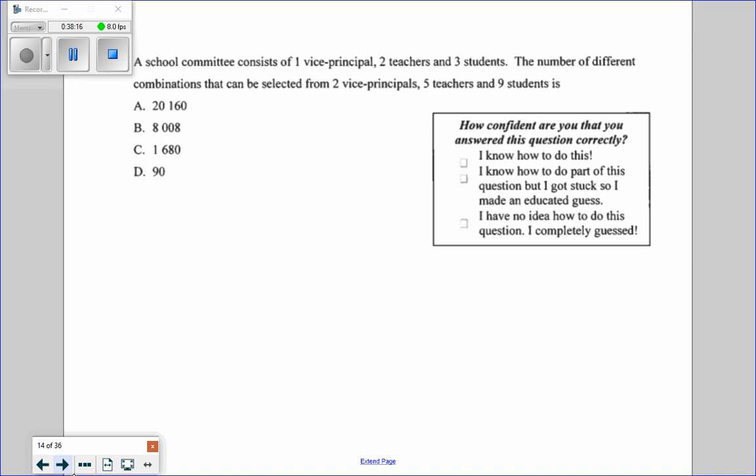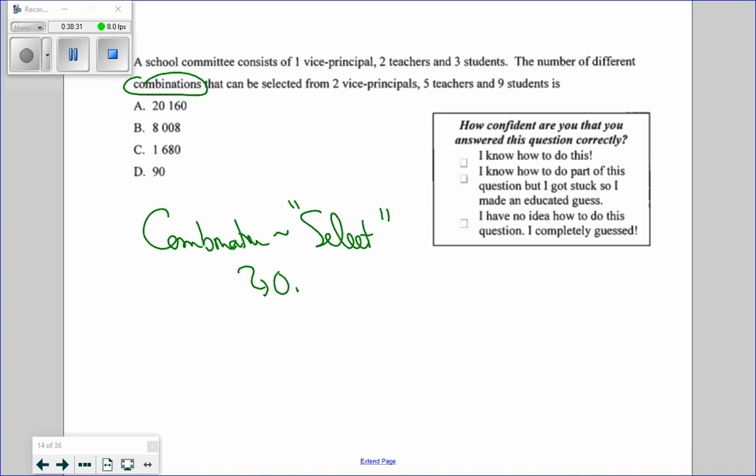Okay. A school committee consists of 1 vice principal, 2 teachers, and 3 students. The number of different combinations. So combination questions. These ones are selections, and the order doesn't matter.